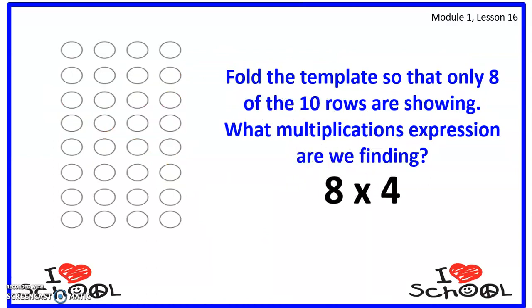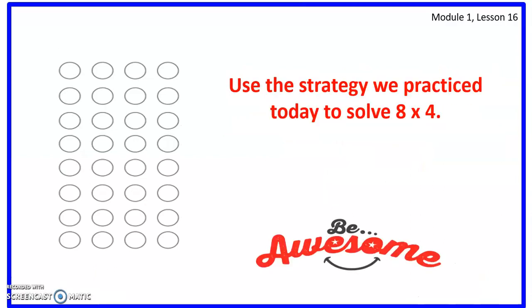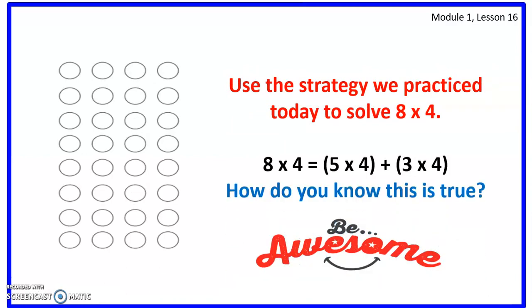Okay, what we have here, this is on our template that shows what? 8 times 4. 8 rows, 4 columns. Now we can use that strategy to practice and show 8 times 4.